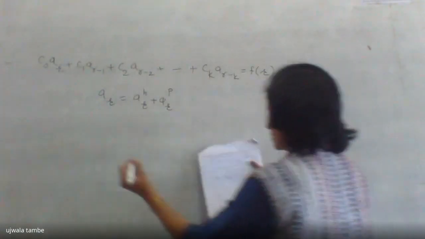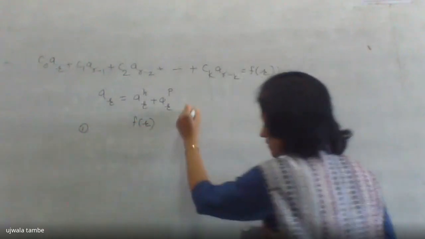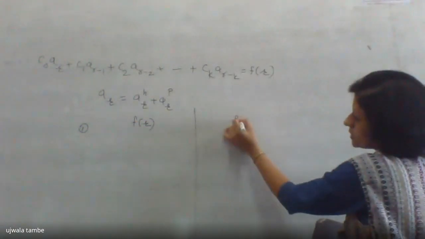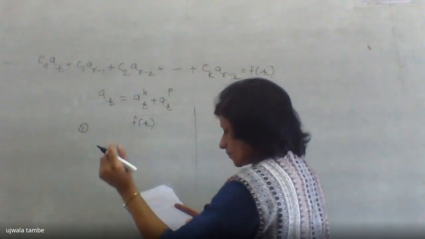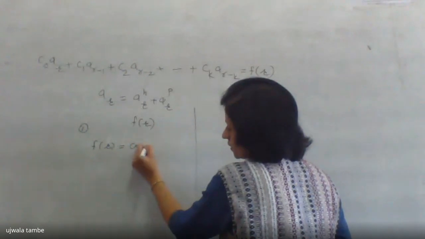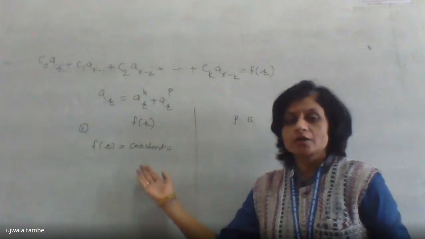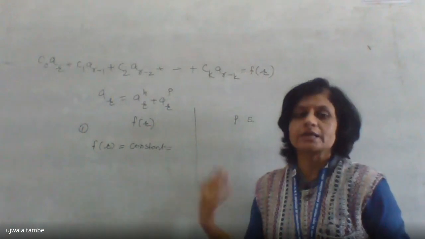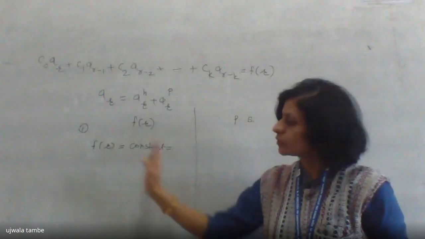The first column is f of r, and the second column is its particular solution. First, if f of r is constant, constant means any value, minus 1, 2, 3, plus 5, plus 7, minus 47, minus 99, minus 110, or 200.